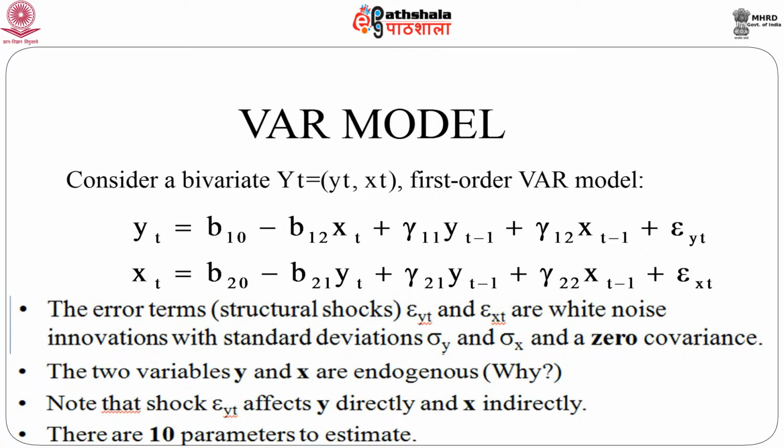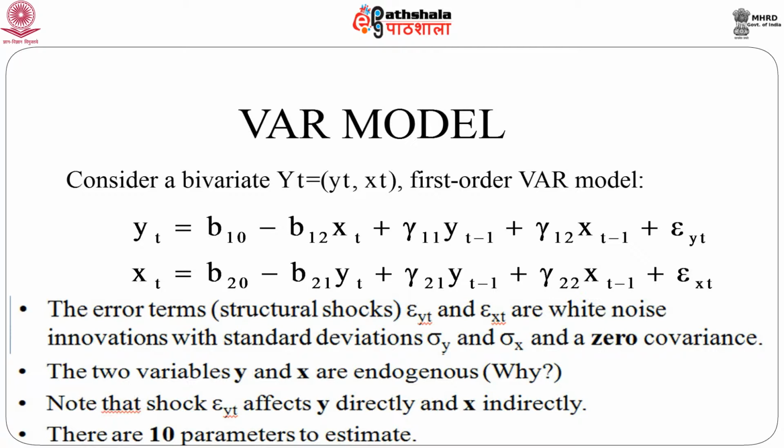Similarly, a change in epsilon xt will in the first instance affect the current value of xt. And since the current value of yt is in turn dependent on the current value of xt, it will in turn affect the current value of yt.